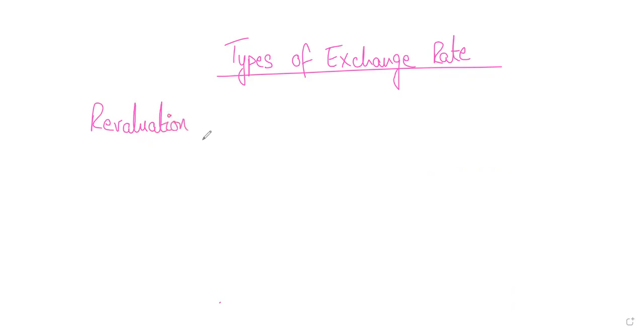Because you can't use the word appreciation. The difference between appreciation and revaluation is that appreciation happens naturally, whereas revaluation is done by the government artificially, right? Sell dollars to buy local currency. It might not always be dollars, but you get the point that you are selling the foreign currency to buy local currency. That is what you do in revaluation.